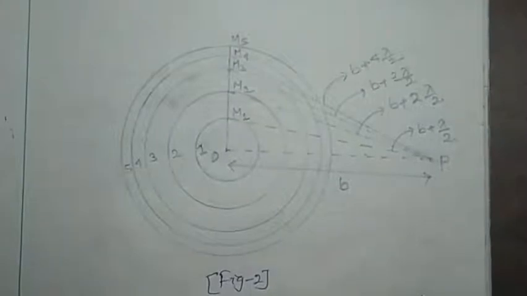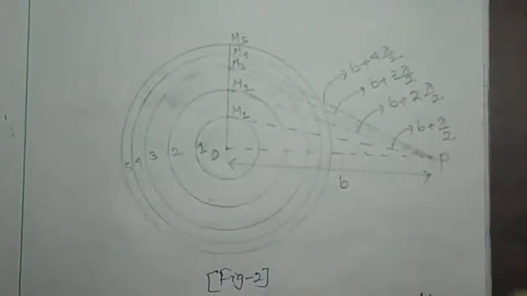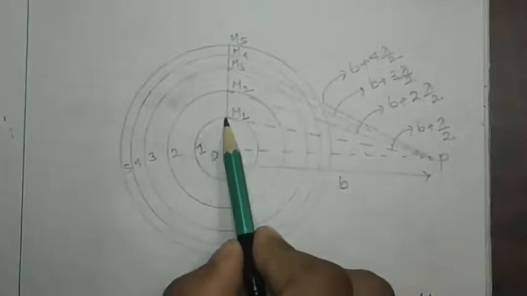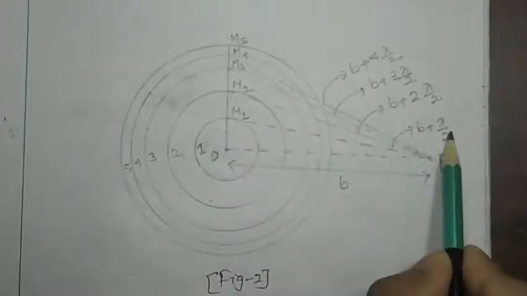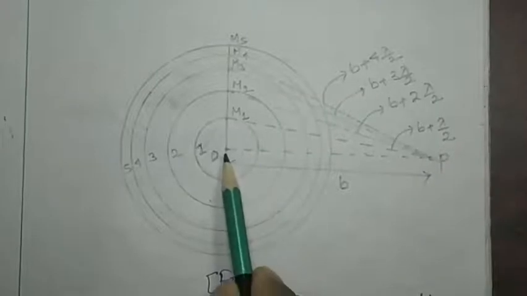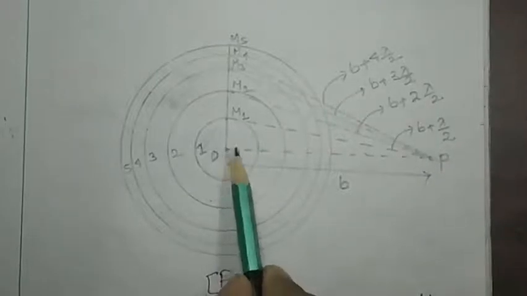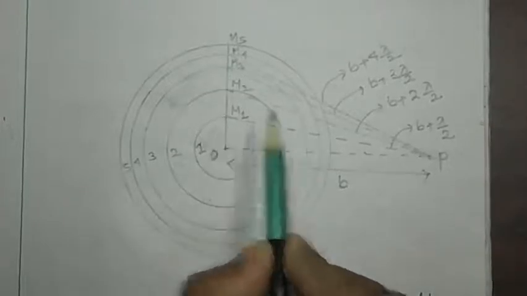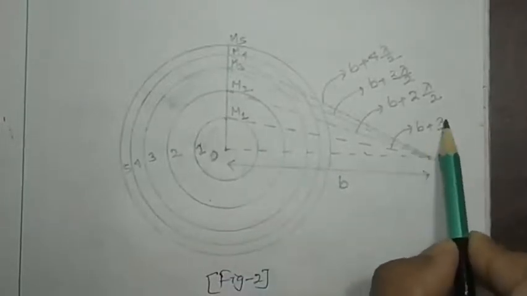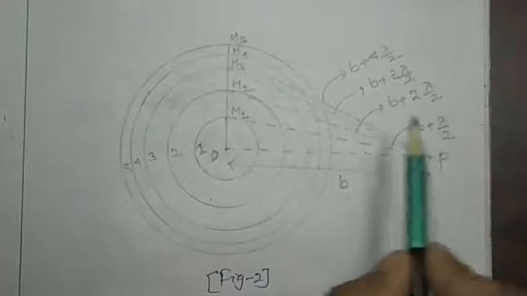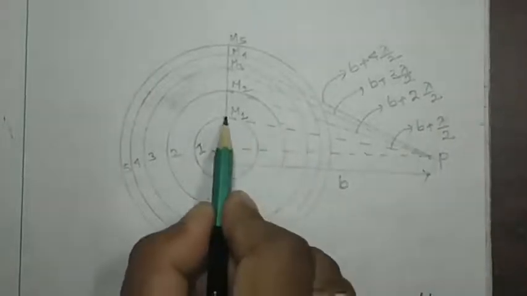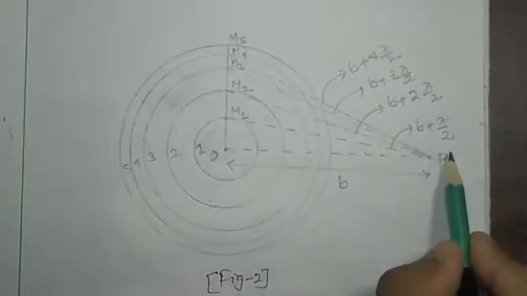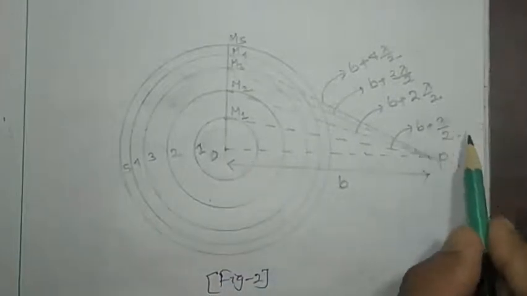The path difference between the rays coming from O and M1 is lambda by 2. That means the distance from O to P is b, and the distance from M1 to P is b plus lambda by 2. Hence the path difference between M1 to P and O to P is lambda by 2.